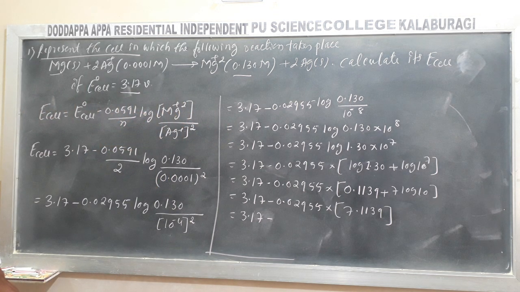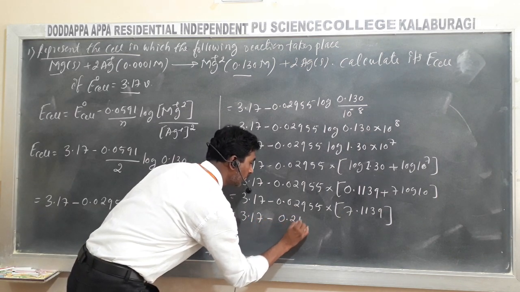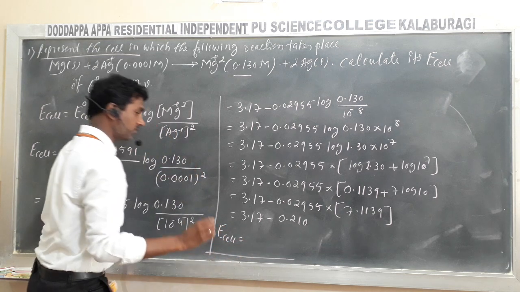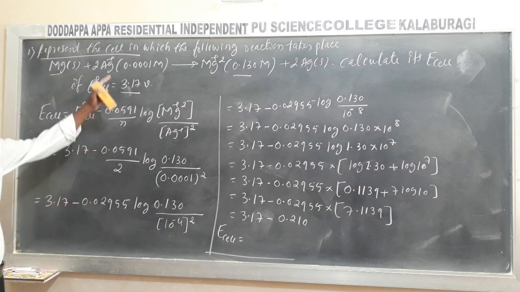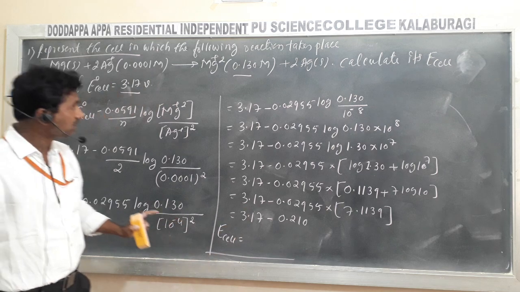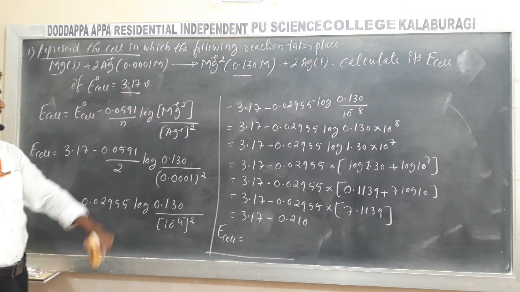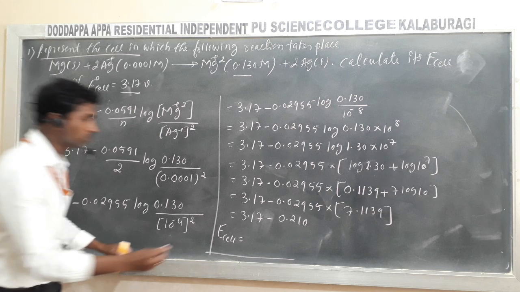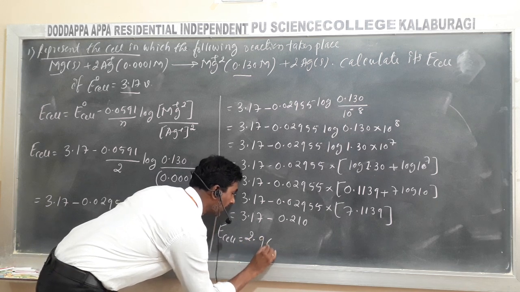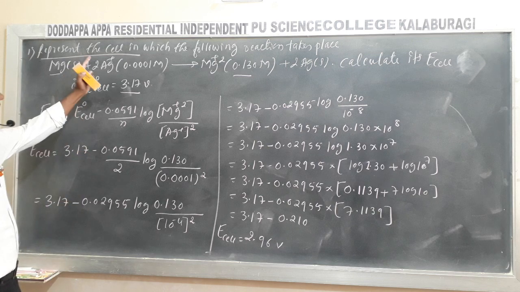Multiplying, we get 0.210, and you have to subtract. So we get E of cell of the cell where the magnesium electrode is dipped in Mg plus 2 and the silver electrode is dipped in silver solution, with concentrations of 0.130 and 0.001 m. So E of cell is equal to 2.96 volt. This is the representation of the cell in the first case.